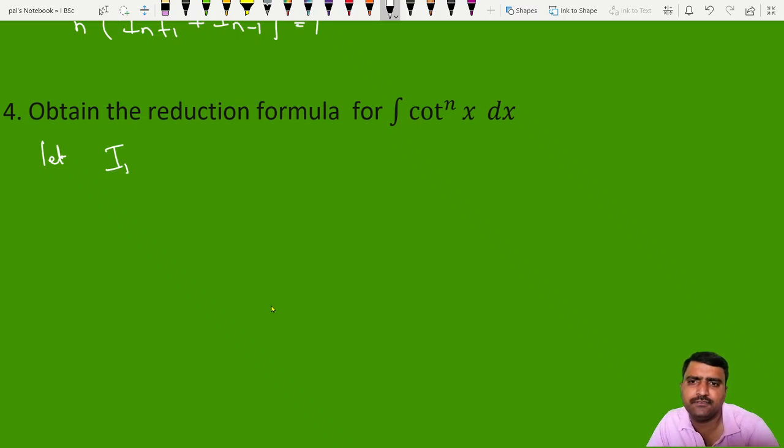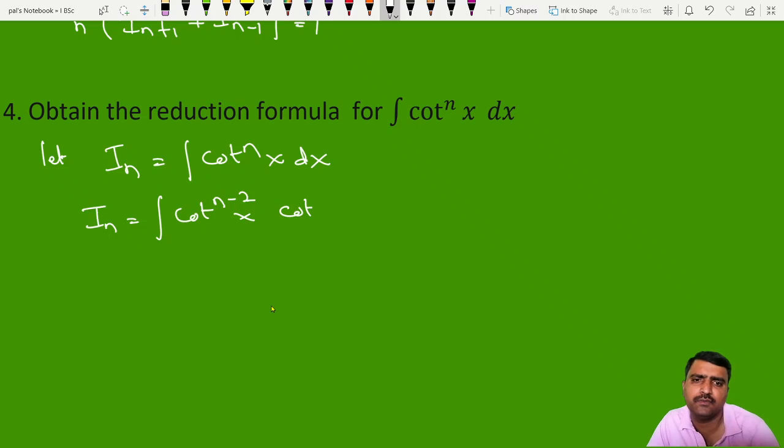Let in is equal to integration of cot to the power of nx dx. That is, in is equal to integration of cot to the power of nx, which can be written as cot to the power of n minus 2x into cot square x into dx.